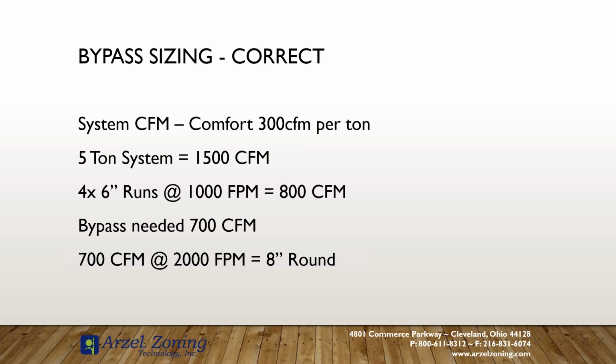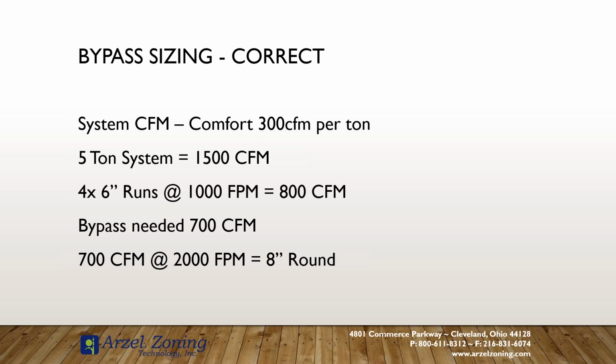But that's where installing 2-stage equipment really plays into this, and using the Heat Pump Pro with its zone weighting. Instead of trying to force that 5 tons of capacity through the four 6-inch runs and then a bypass to compensate for it, I can use my zone weighting, and my bypass is going to be designed based on my first stage airflow.